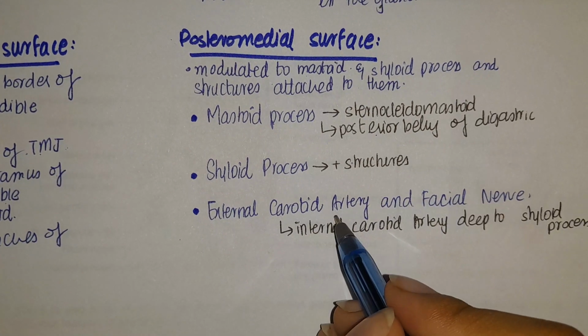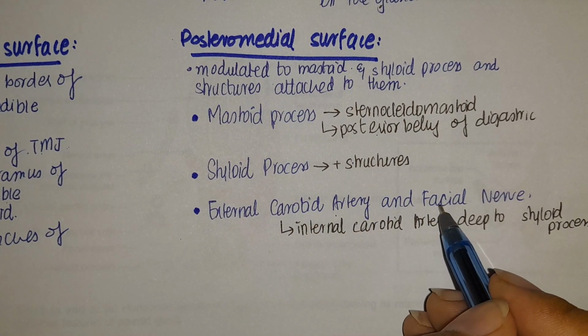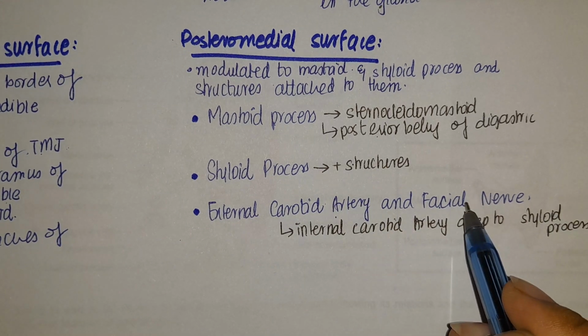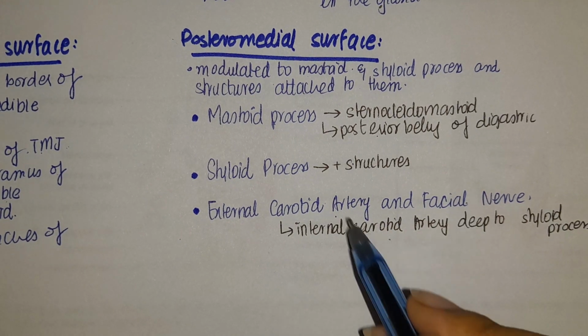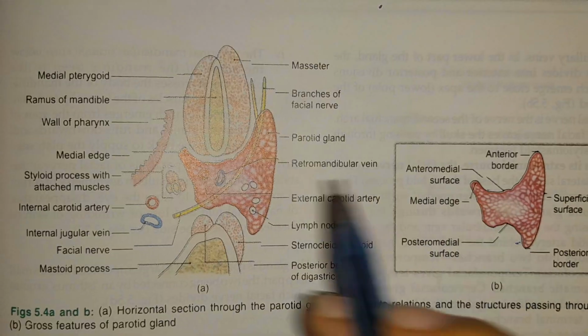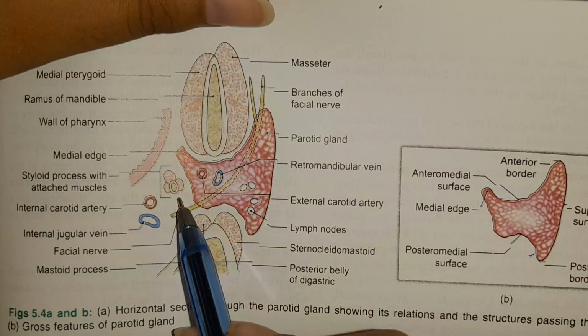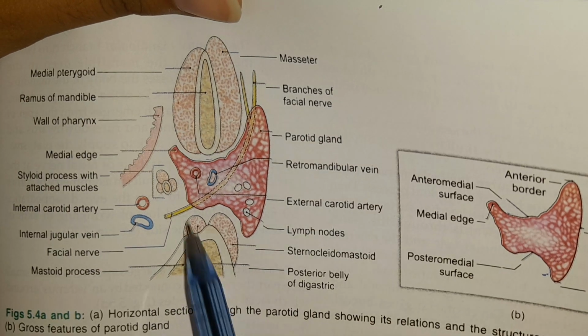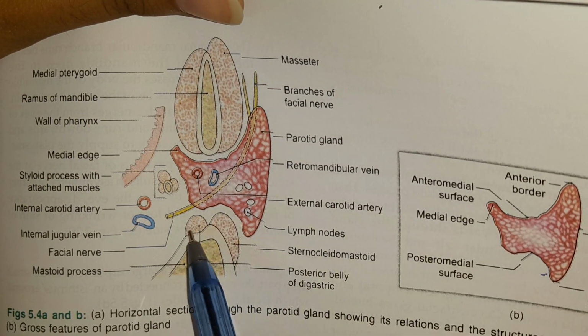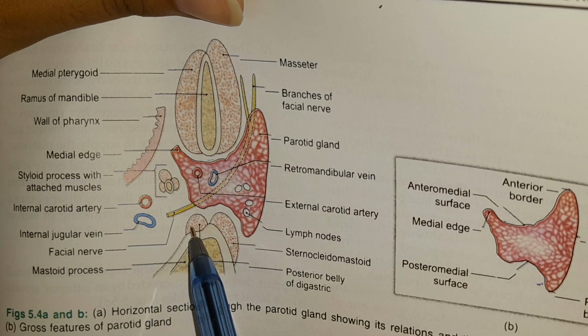Apart from that, we have the external carotid artery and the facial nerve. The posteromedial surface has the facial nerve entering it. Also, deeply we have the internal carotid artery, deep to the styloid process. If you can see over here, majorly we have the mastoid process and the styloid process. The mastoid process has the sternocleidomastoid muscle and the posterior belly of the digastric muscle.